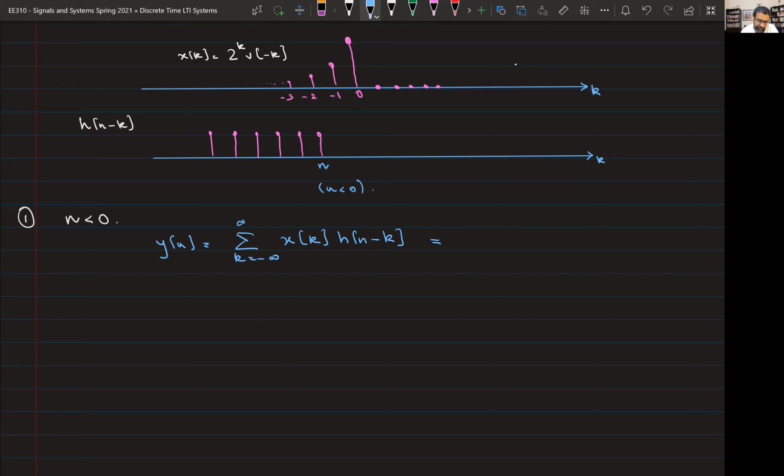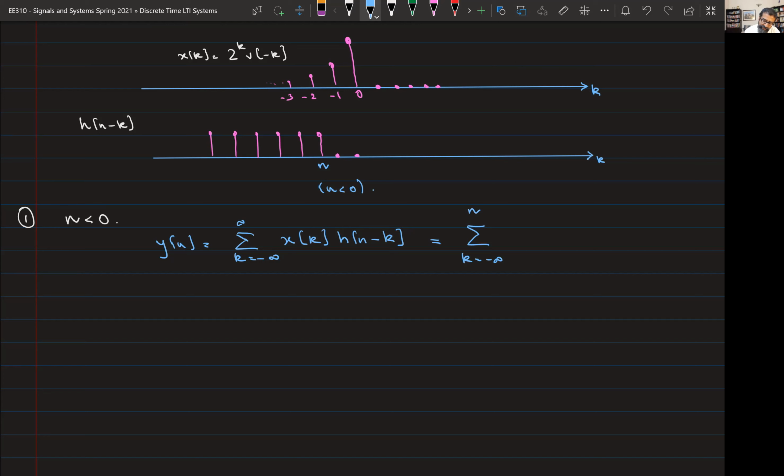Remember, n is here. For example, if n equals -2, there is no overlap here. So the summation is going to be from minus infinity to n.